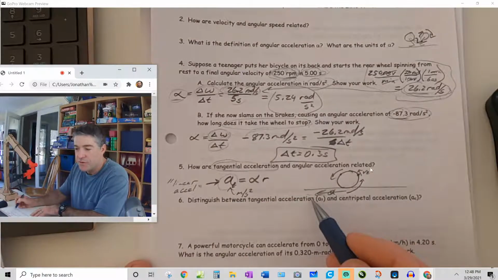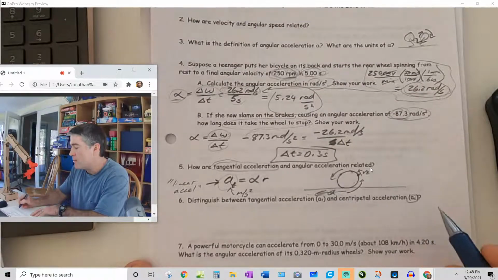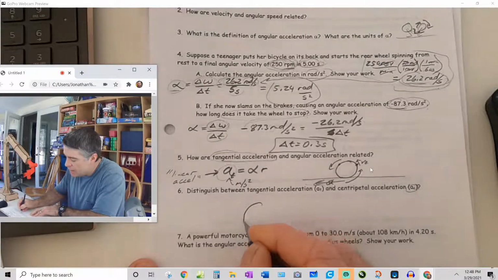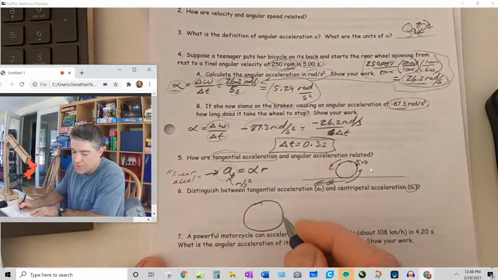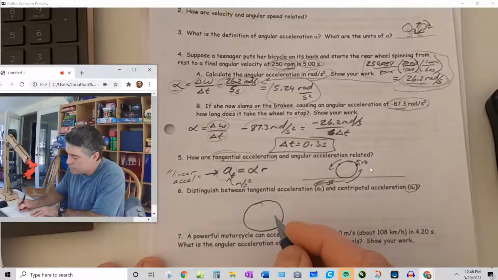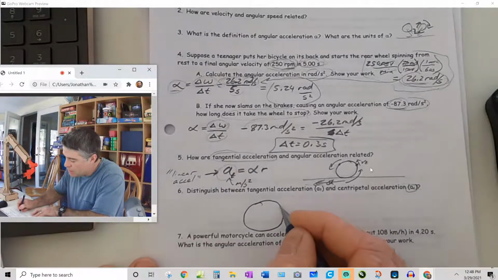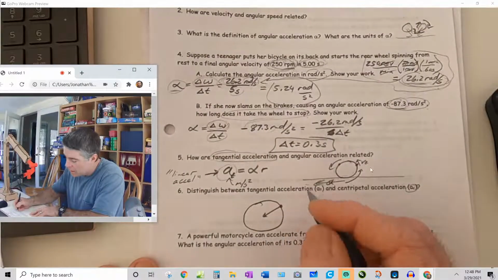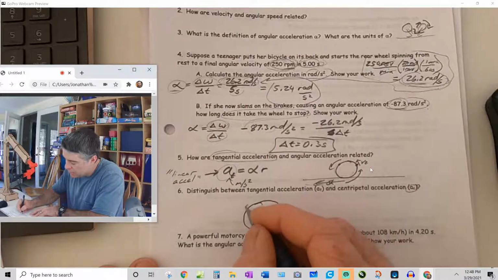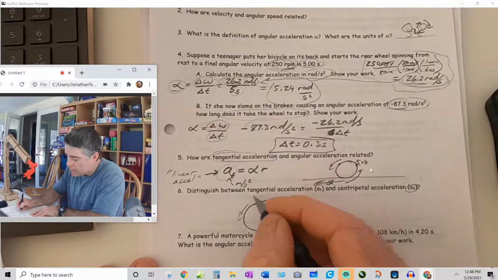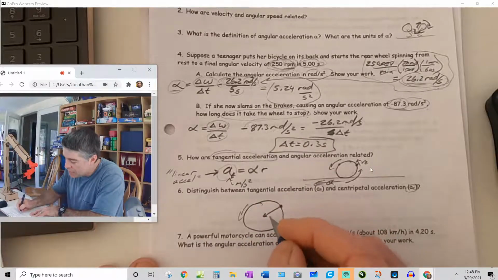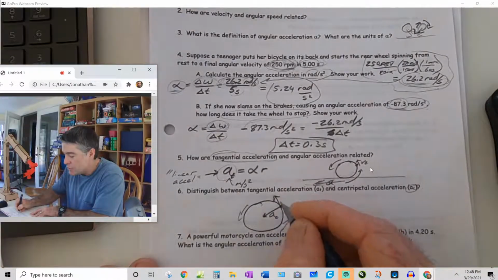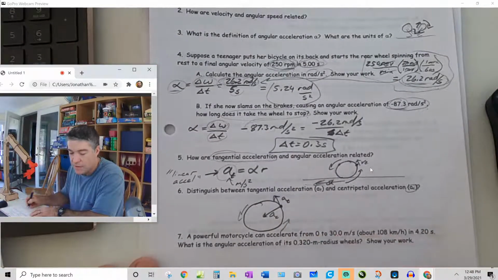And then there's another kind of acceleration we've talked about before, just to get the confusion out in the open, and that is centripetal acceleration, which you probably remember we're not going to be doing much with in this unit. So if this is the object and it's moving counterclockwise like this, then this would be centripetal acceleration, and its tangential acceleration would be in that direction.